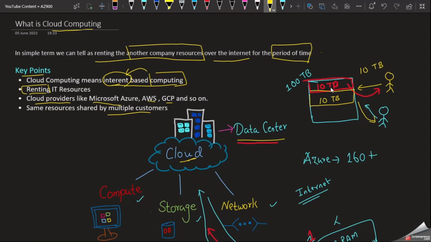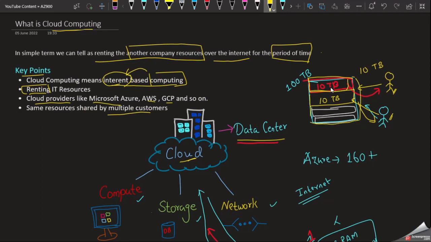Likewise, multiple customers can ask, and for those customers they split the same hardware and give it. But one important thing is that while sharing the same hardware, security can be difficult. But in the cloud, this customer is storing his data here, and this customer is storing his data in another location, but the ultimate thing is that all of them are sharing the same hardware.